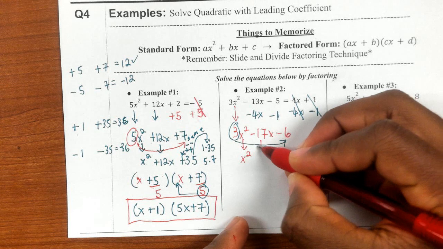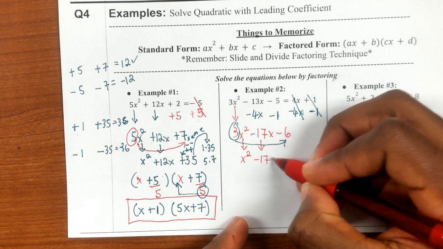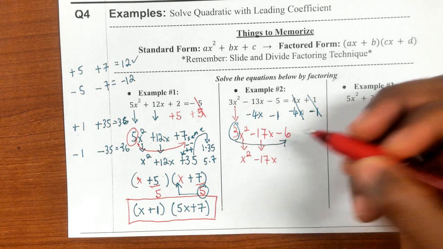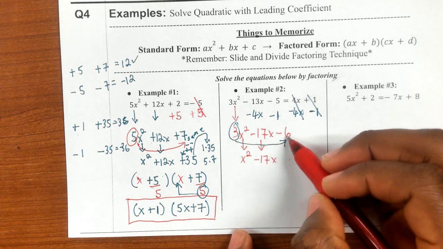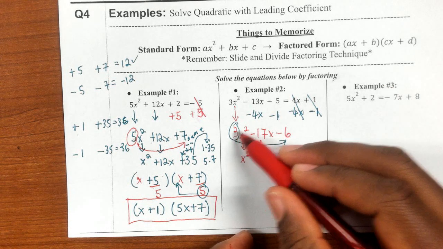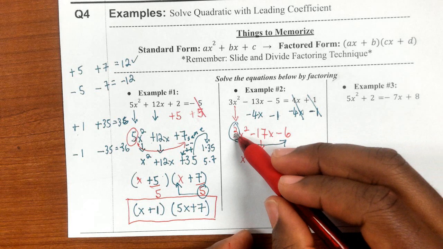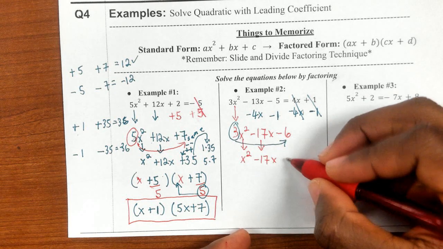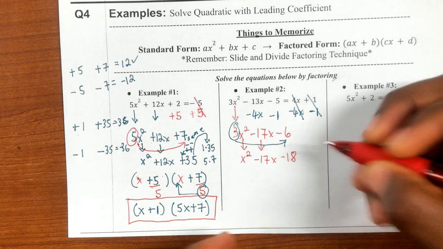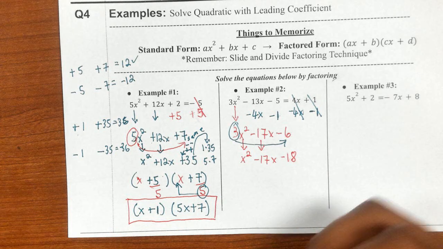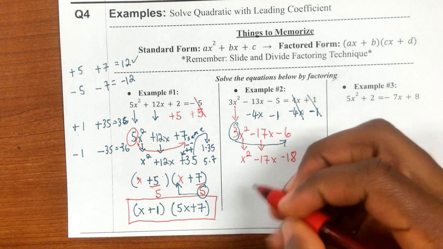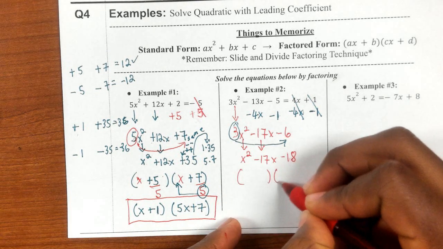The negative 17x, I bring it down. The 3 and the negative 6, I multiply them. And I get negative 18. Now I'm going to write factored form, which is 2 pairs of parentheses.